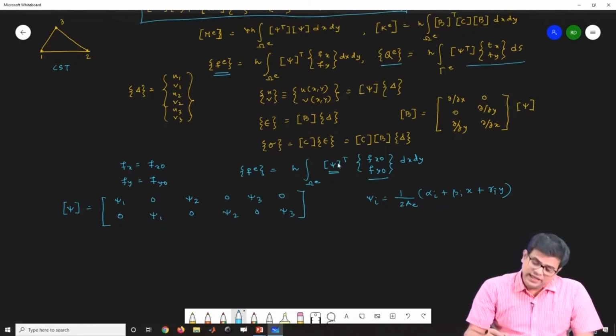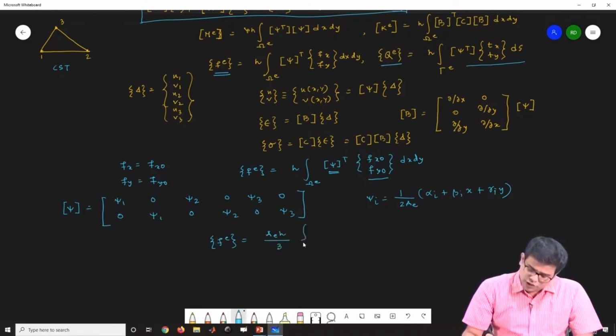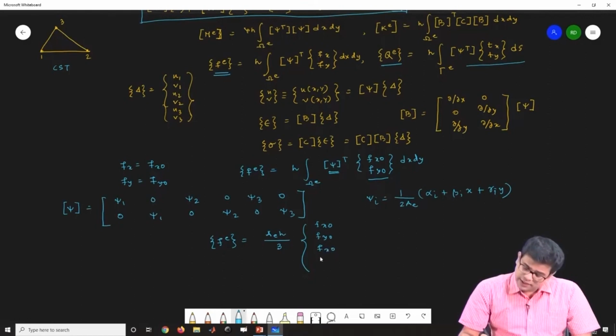If I integrate it over the constant, then the global form of this will look like this: A by 3 into your 6 cross 1 vector, that is f of x0, f of y0, f of x0, f of y0, f of x0, f of y0.